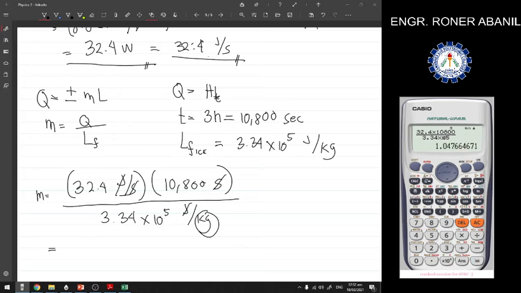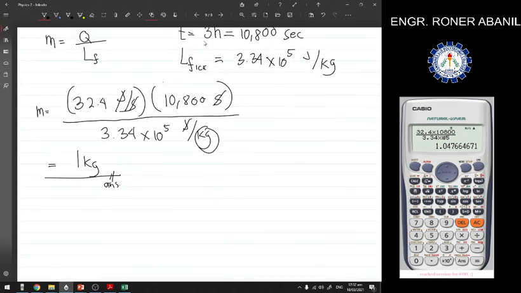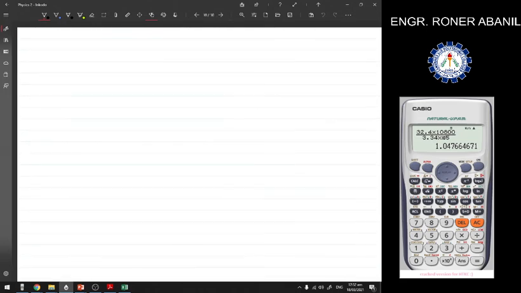So, dito lalabas is 1.0 or approximately 1 kilogram. Ito yung mass nung na-melt na ice. Okay? Yan. Is that for problem number 9? Okay.